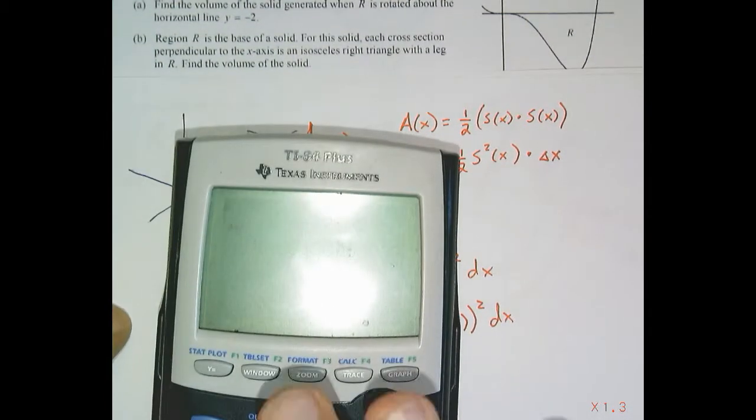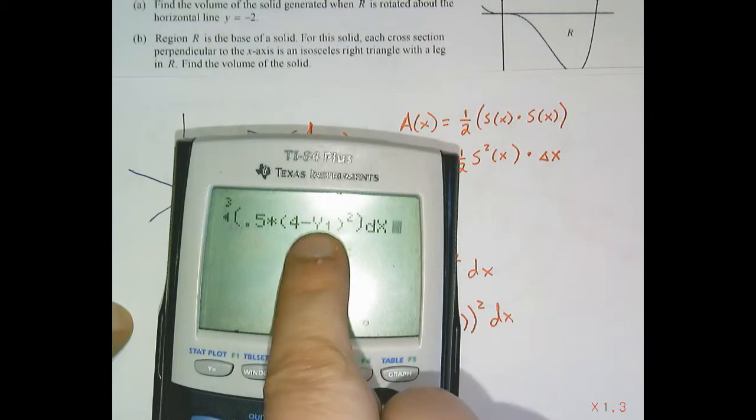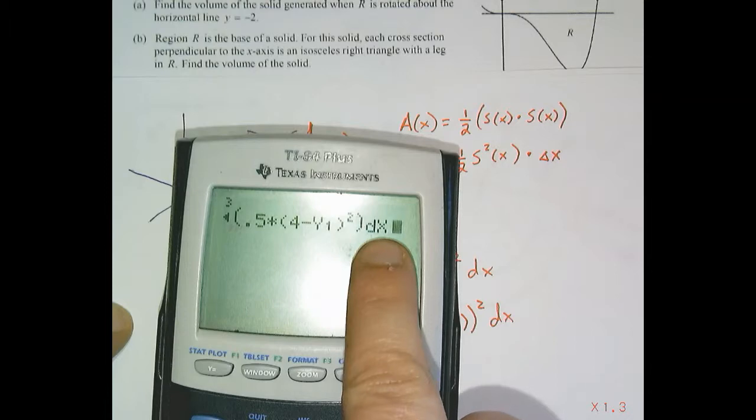Clear this out. Math 9, 0 to 2.3 of 1/2 times the quantity of 4 minus the top function, which I've stored under y1, squared dx. So 1/2 S of x squared times our delta x, or our dx.